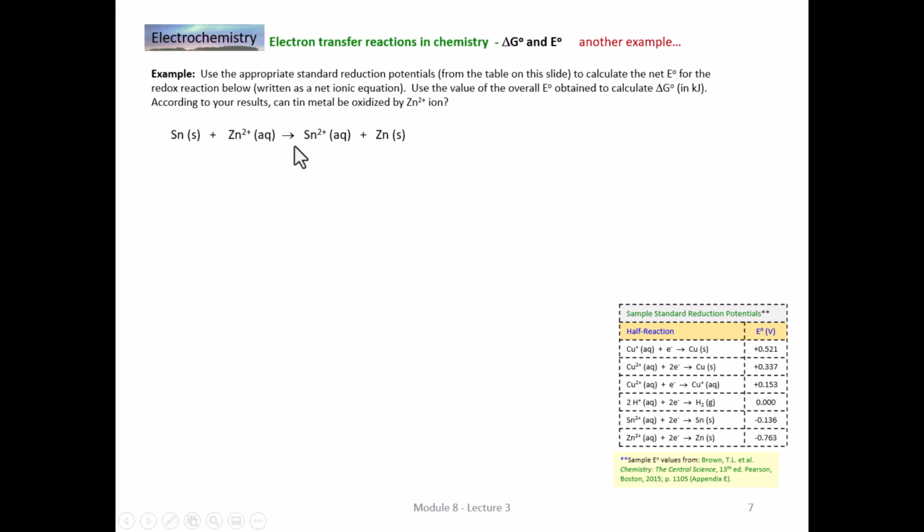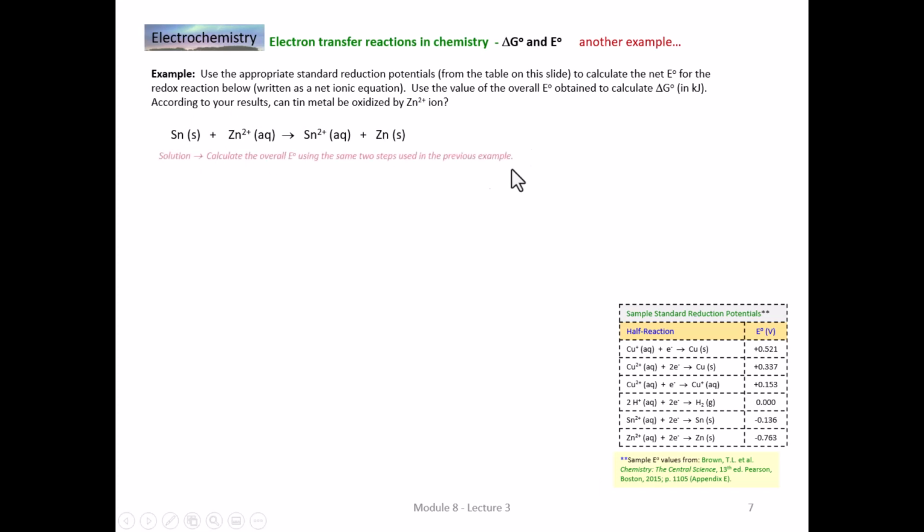This is actually the oxidation of tin by zinc 2 plus to form tin 2 plus plus zinc. We'll use the overall value that we obtain for the standard potential to calculate a delta G in kilojoules. And from those two results, we're going to try to predict whether tin can actually be oxidized by zinc 2+. In other words, we're going to see if this reaction as written, left to right, is spontaneous or not.